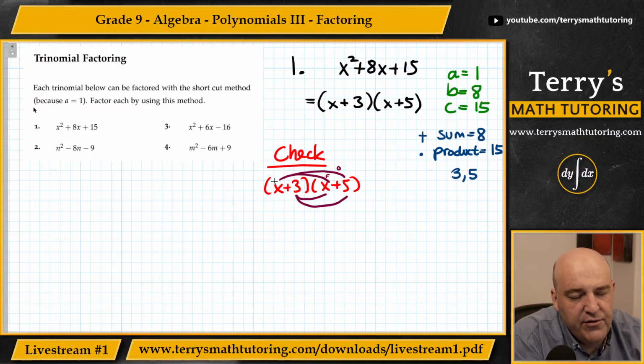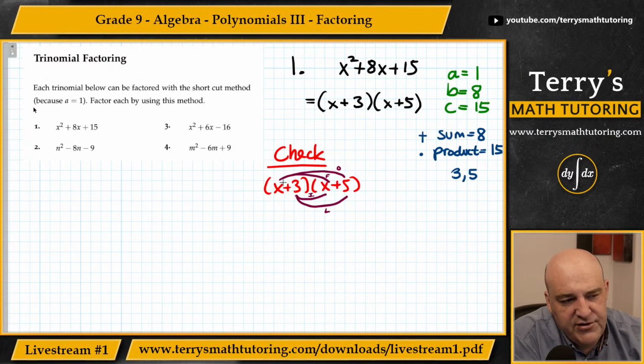These are the outer terms, the ones on the edges. These are the inner terms, and then this is the last term. I don't really even think about FOIL. I just think that this first term has to hit both of those, and then this term has to hit both of those.